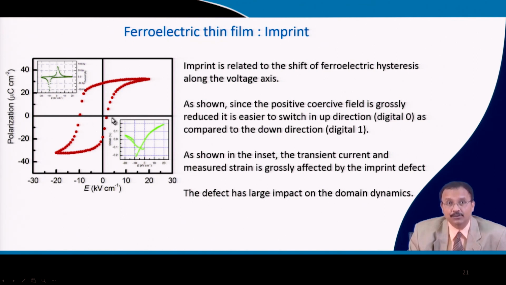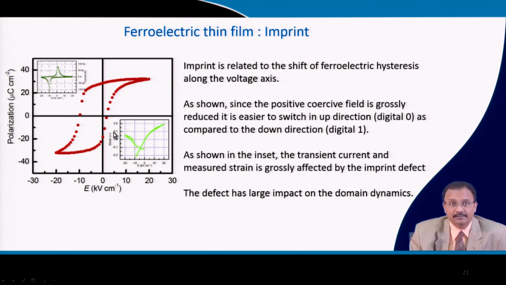So, in other words, the coercive field changes, and it can easily be identified by the current pulse that I was talking about a couple of slides back. If you measure the current spike, you will see that at one stage the current spike is relatively small in intensity as compared to the other one. So, that is a major defect.